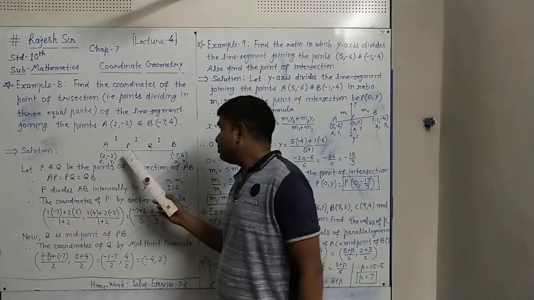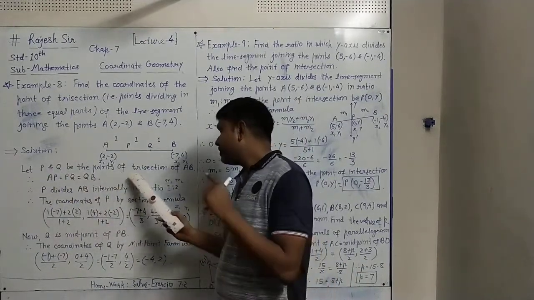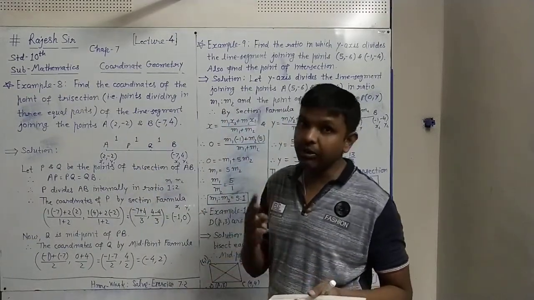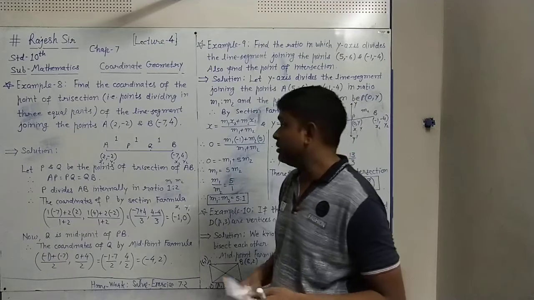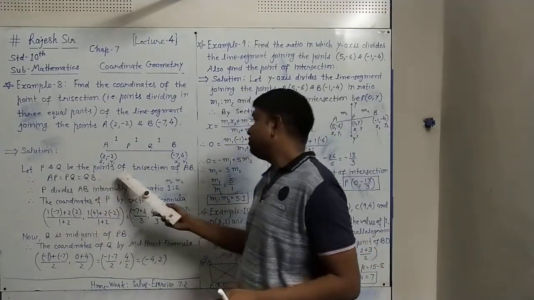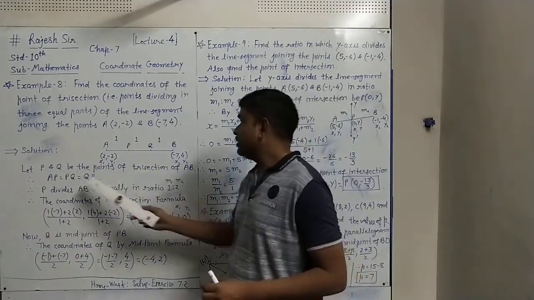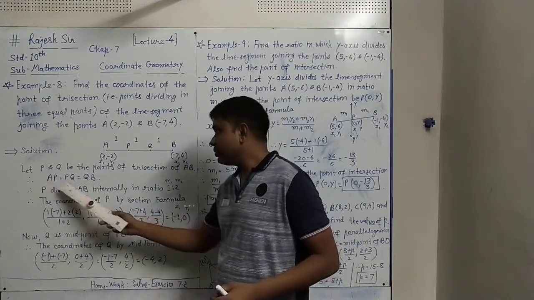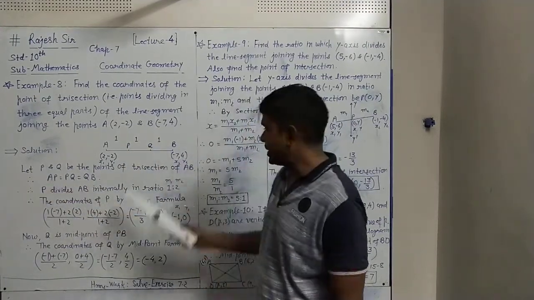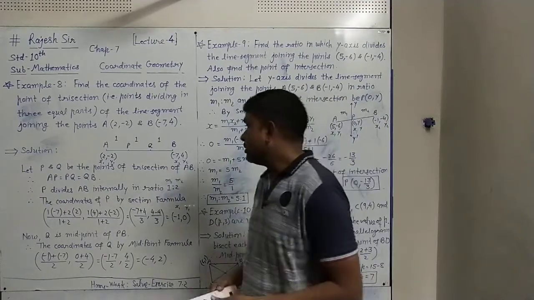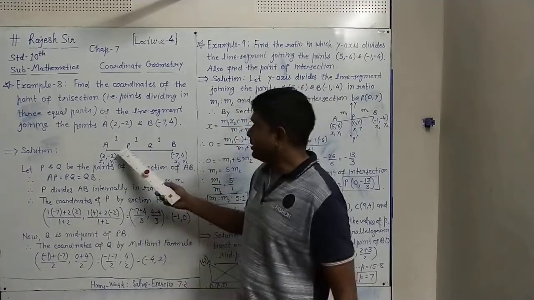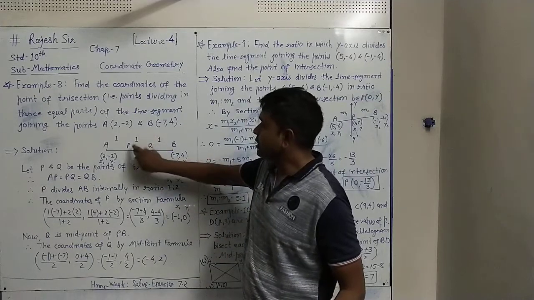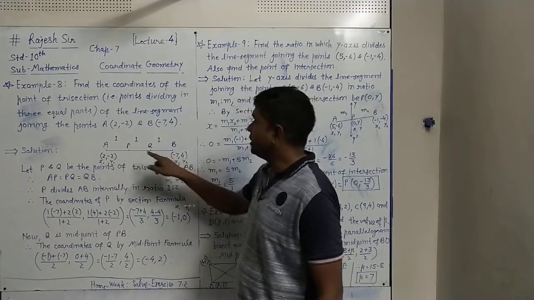So in the solution, let P and Q be the points of trisection. These 2 points, which divide the given line segment into 3 equal parts, are called trisection points. So let P and Q be the points of trisection of AB such that AP equals PQ equals QB. Now think about point P; don't consider Q, hide this Q. This point P divides AB in which ratio?